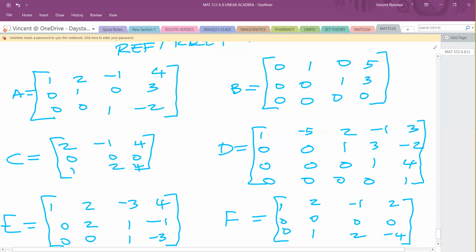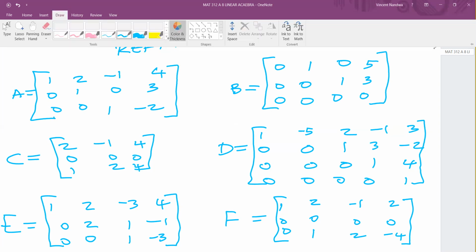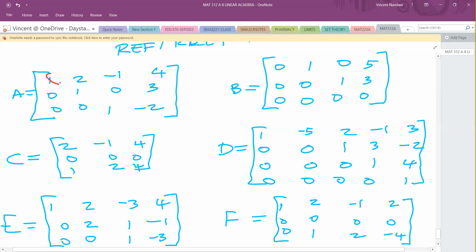Can you be trusted with A to classify it? Is A a row echelon form matrix? Yeah, so the first thing is to identify the leading ones. So we have this, this, and this. It satisfies all the properties.